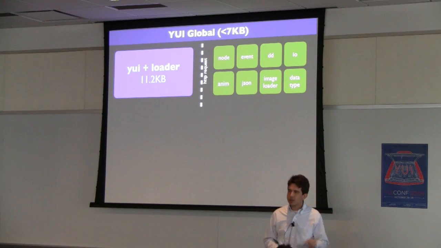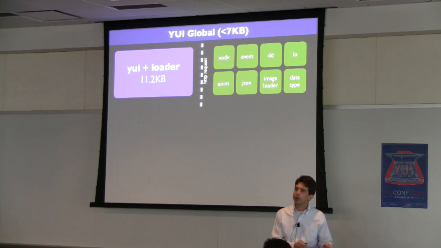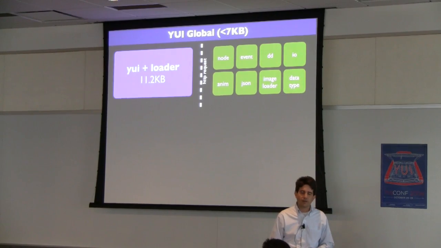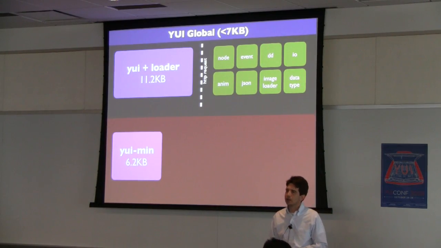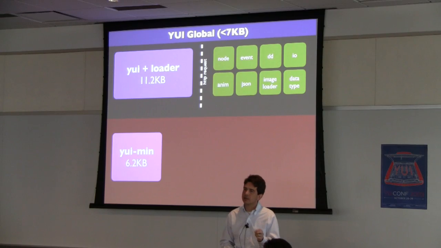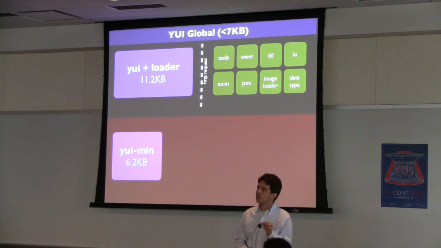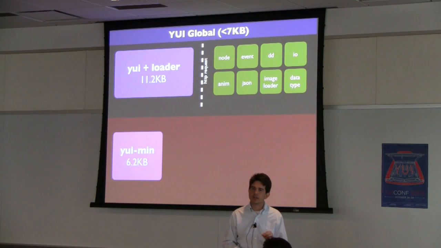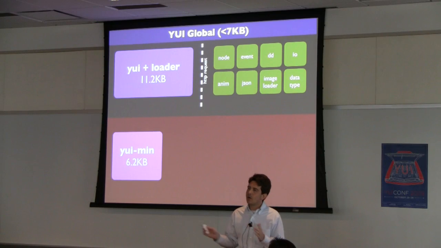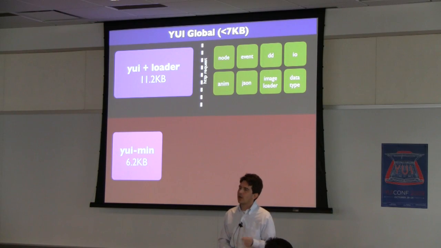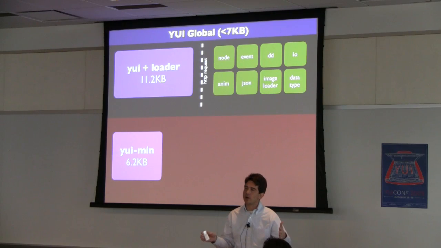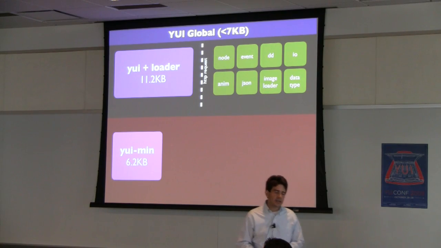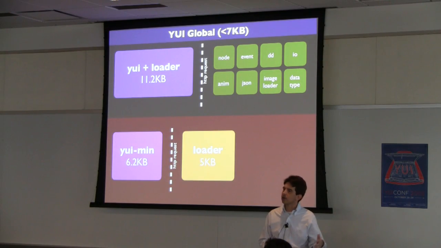If 11.2K is too much, if you really want to bake it down to a skinnier seed file, you have another option. You can use just the YUI object. The YUI object's a little more than half that size. It's about 6K. And it doesn't know all the dependencies. So the first thing that the YUI object will do when you say, hey, I want to make use of YUI 3 on the page, it'll need to go and bootstrap the loader and bring in all the metadata in the loader utility.